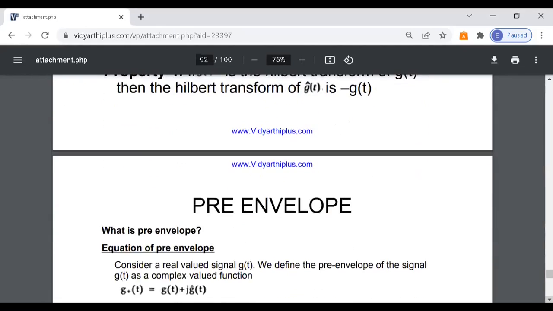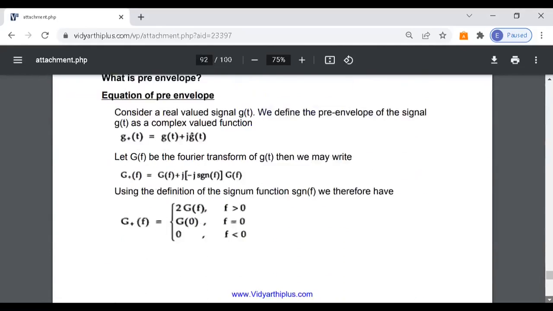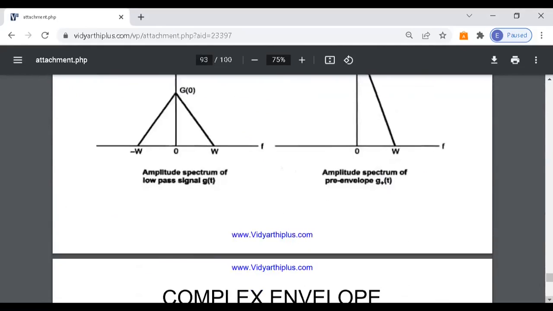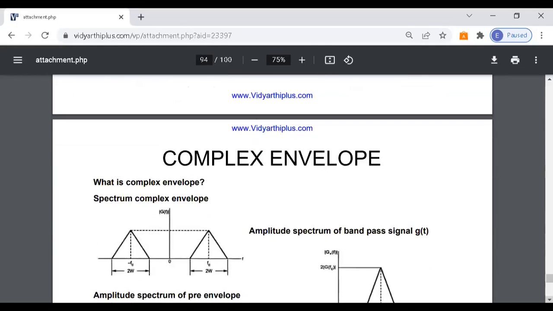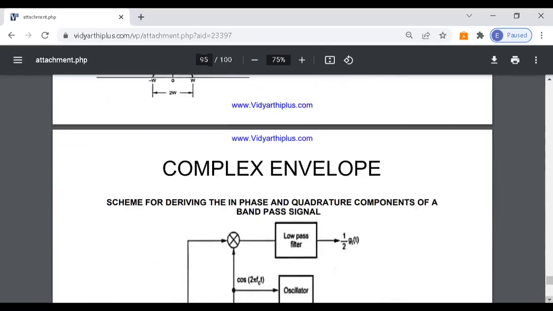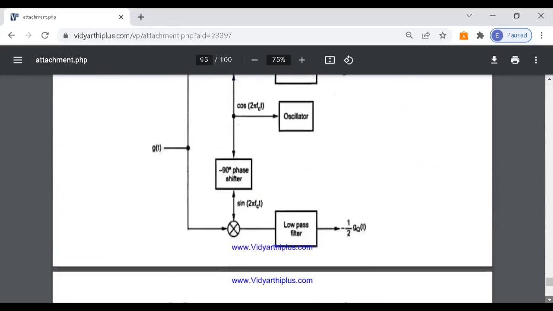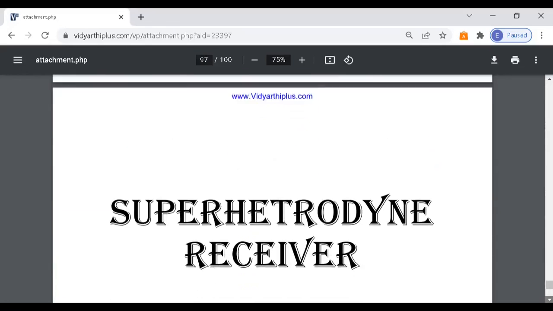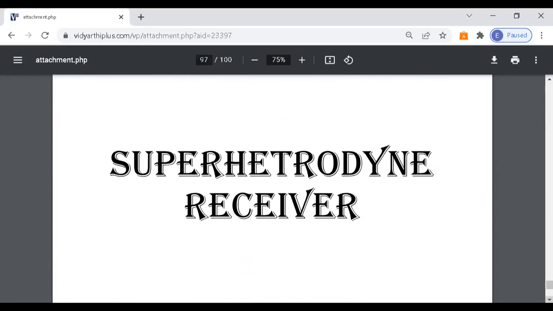Anyway, we'll be more comfortable. We're not going to deal with the Hilbert transform. It would be good for you to know, but I can't do everything.